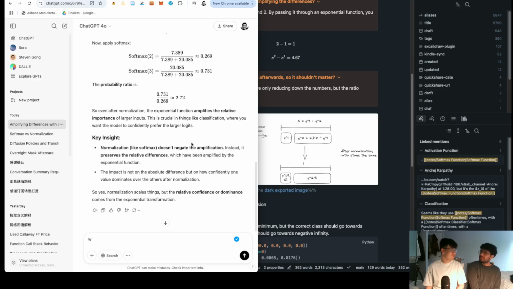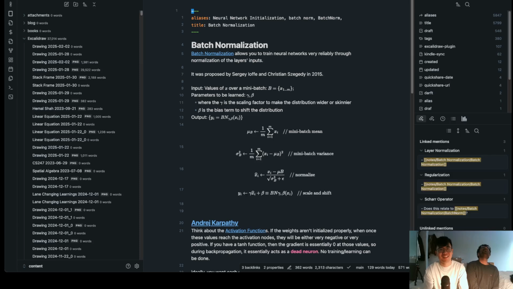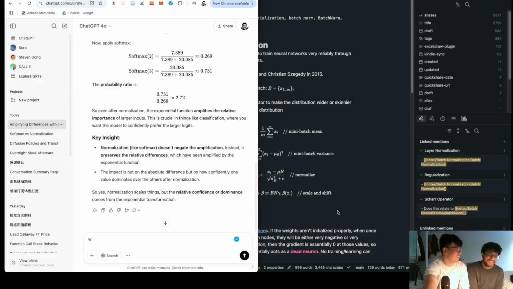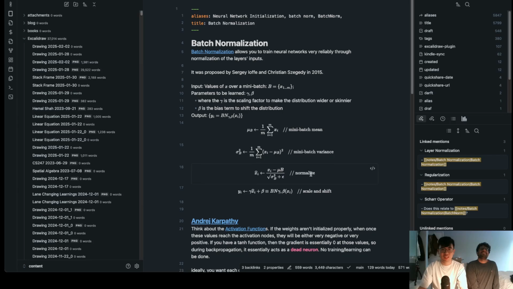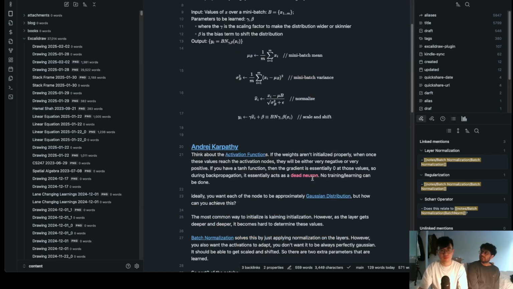Remember batch norm? What's the formula for batch norm? I don't remember. I think you take a batch and then you sum up. I guess you have it right there. No, I want you to recall it. I don't know it at all. So you have your batch. You take the average of your batch, and I think you divide the gradient update by it, or something like that.